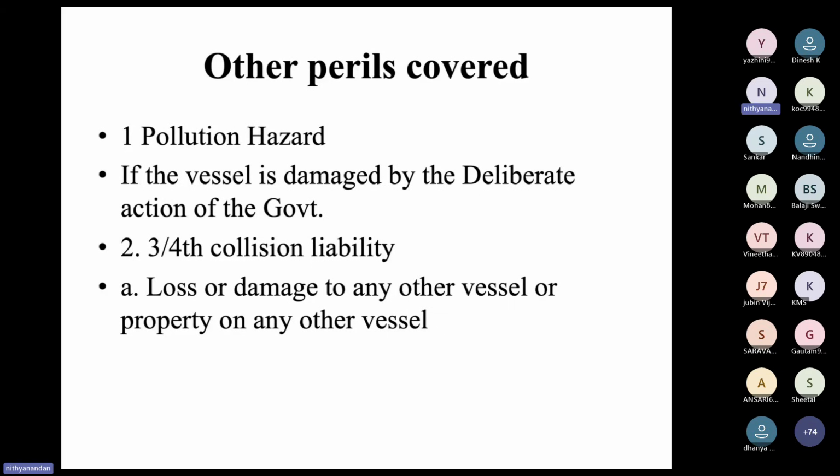Percentage of negligence is fixed on ship A is 60%, ship B is 40%, right? So ship A is negligent for 60%. So it should compensate the losses of ship B up to 60%. So 60% of the losses of ship B is compensated by ship A. The same way, 40% of the losses sustained by ship A is compensated by ship B.